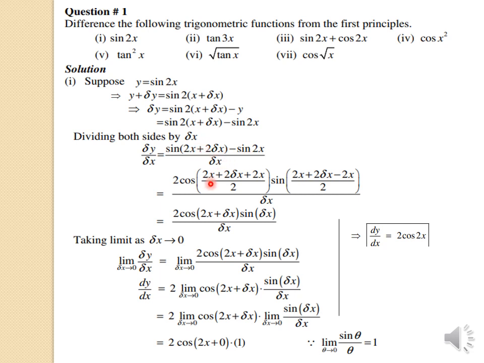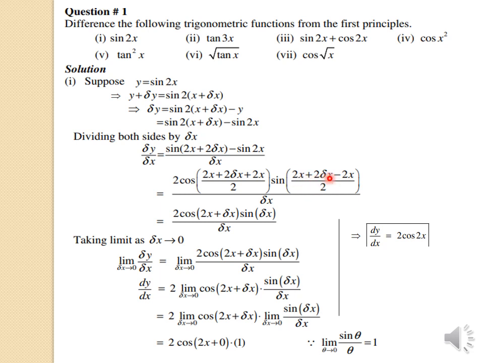Then student, sine alpha minus sine beta equals 2 cos of alpha plus beta upon 2 into sine of alpha minus beta upon 2. Here alpha equals 2x plus delta x, so we write 2x plus 2 delta x, and beta equals 2x, for alpha plus beta upon 2.